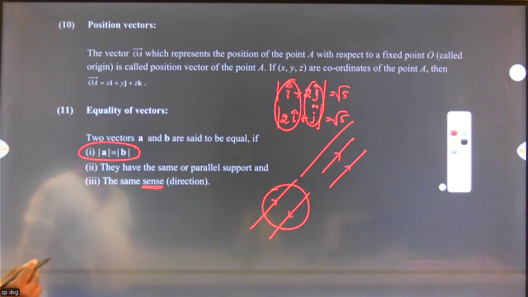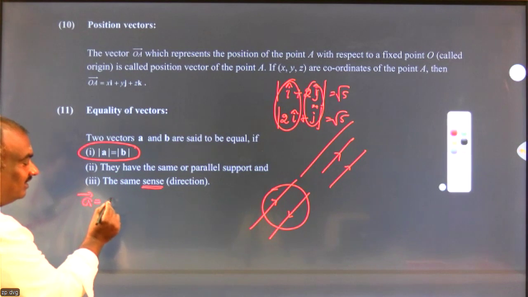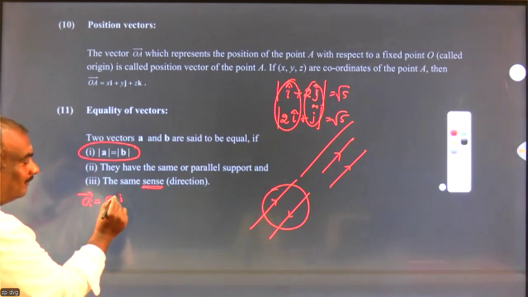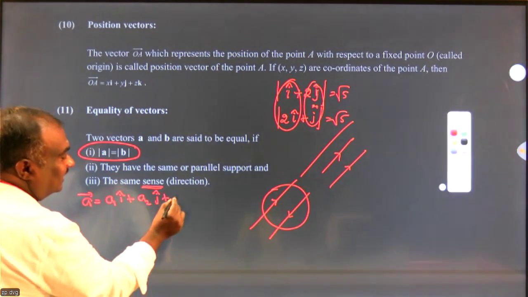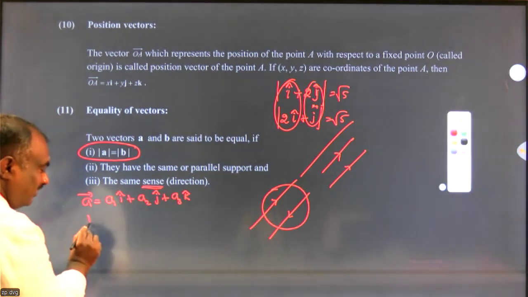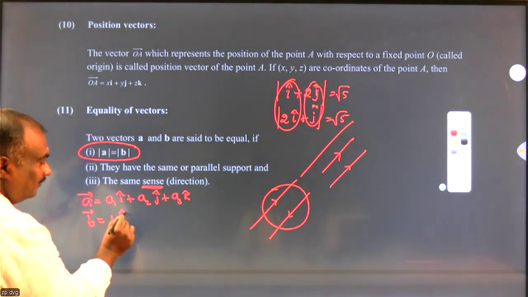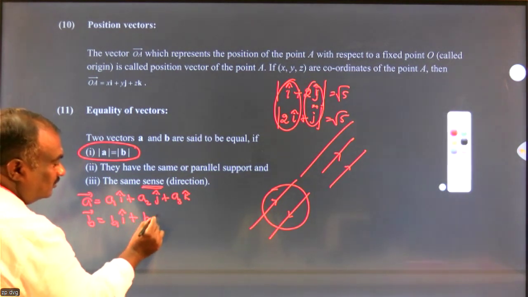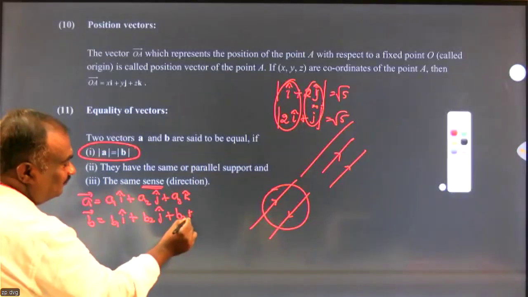Here, how to identify the direction? For example, a bar is equal to a1 i cap plus a2 j cap plus a3 k cap, and b bar is equal to b1 i cap plus b2 j cap plus b3 k cap.